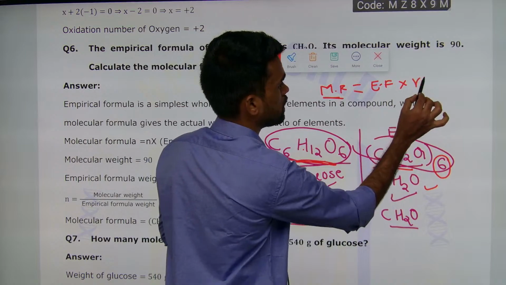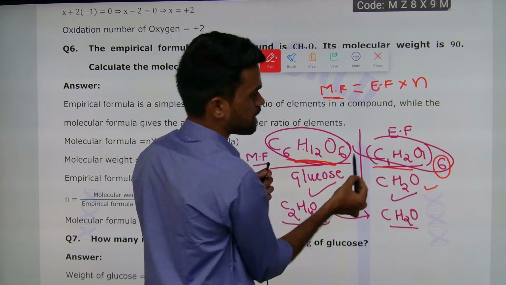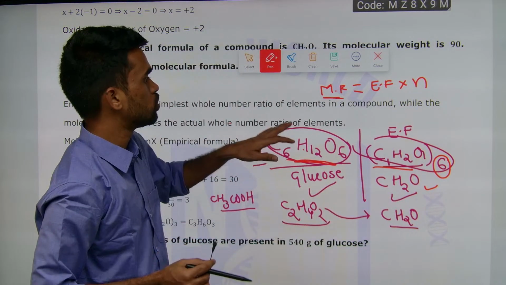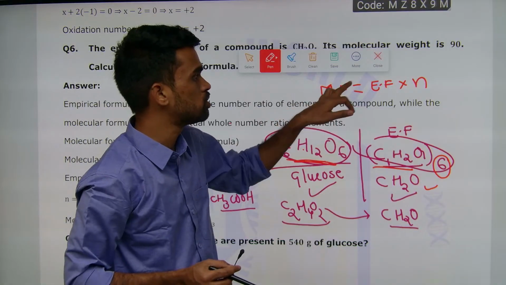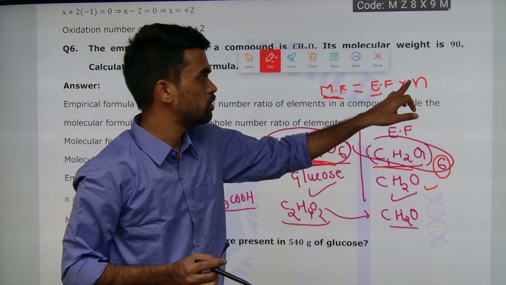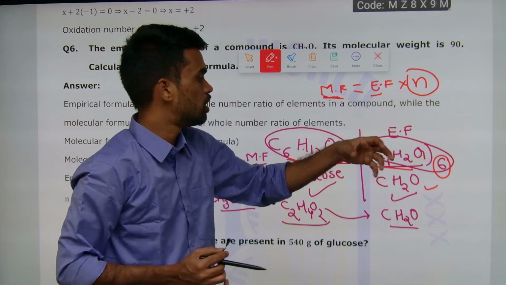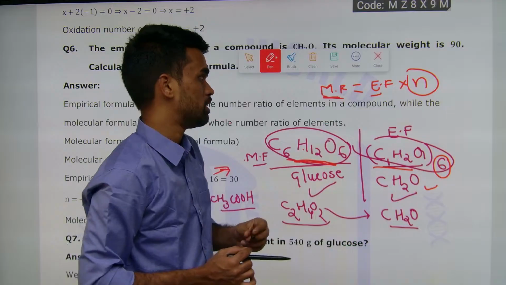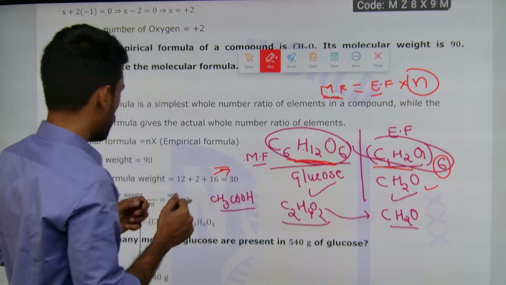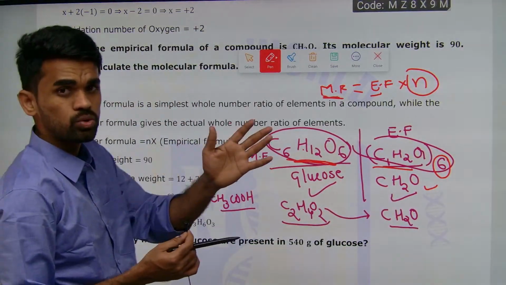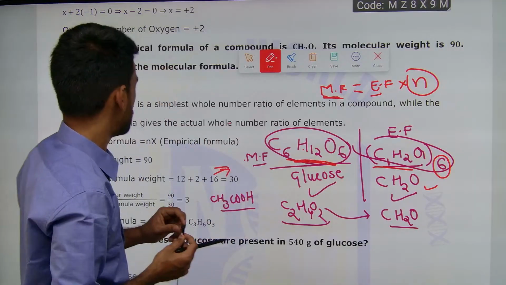I am writing that n here, and that n represents 6 in the case of glucose. So you just write molecular formula equals empirical formula into n. So n represents a whole number like 1, 2, 3, 4, like that. It's a natural number you can take here.